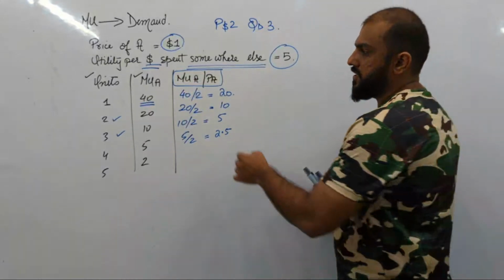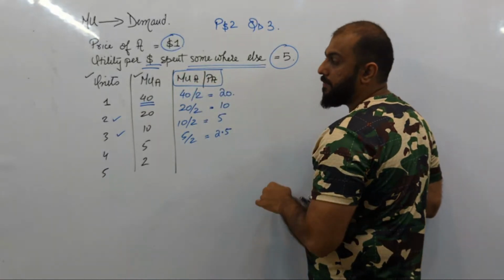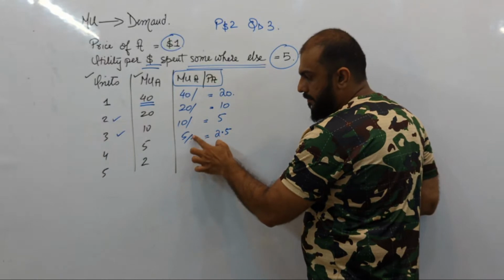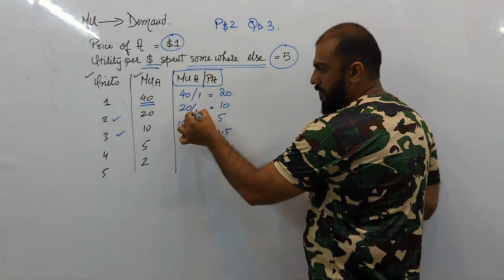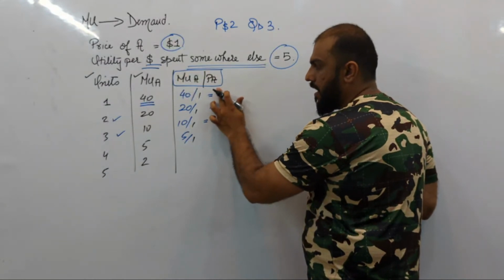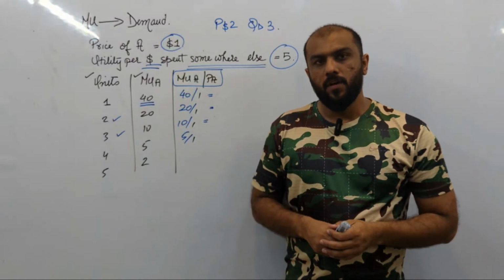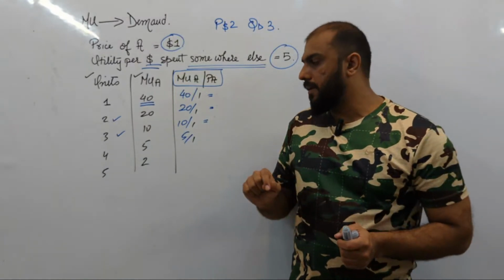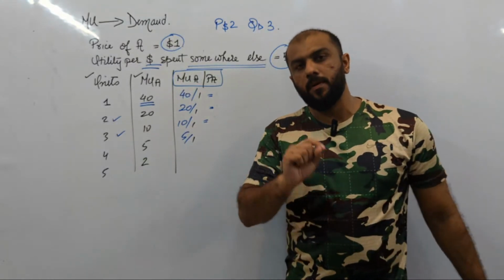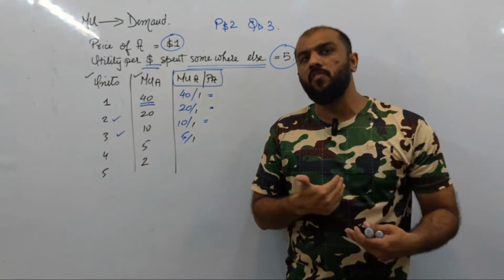But what changes? The answer for this changes. Marginal utility divided by the price of A. So instead of dividing by 2, now we are dividing by 1. Now most of you might have realized already what is basically happening: because of the fall in the price, the marginal utility per dollar spent on A is increasing, which means it's more value for money.